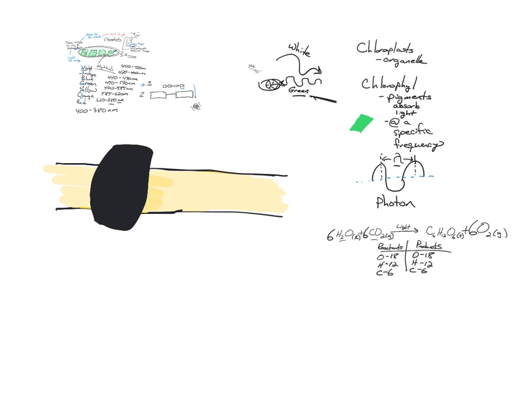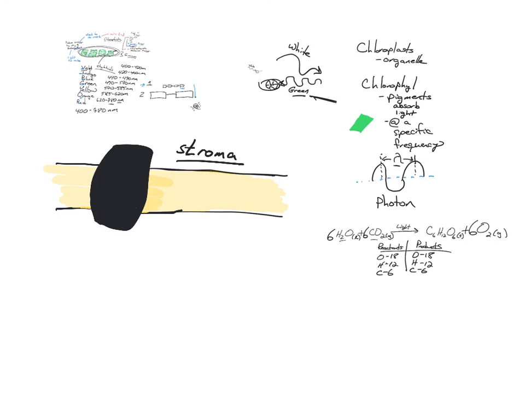The outer space of the thylakoid, the outside of the thylakoid, we call that the stroma. Now it's very important that you don't confuse this with stoma. Stoma is something different, but this is stroma. That's outside the thylakoid. Remember the thylakoid, those little pancakes?